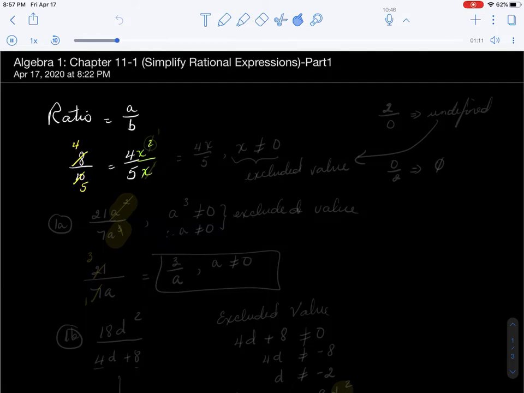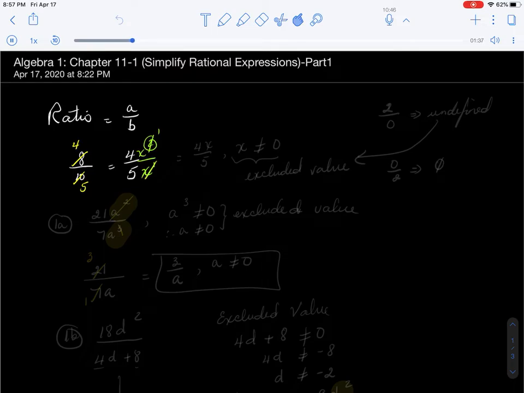Then we need to include exclusion at this point. Excluded variables. At this point, you are going to simplify this x. The x to the second and x to the first. Besides simplifying that, you're going to say that is a 1 and that is gone.